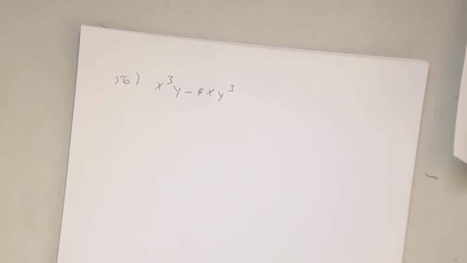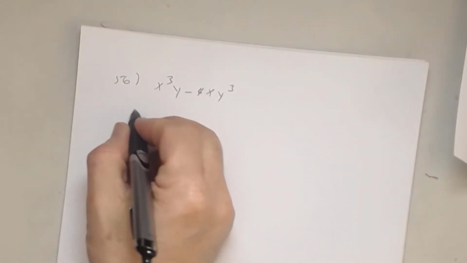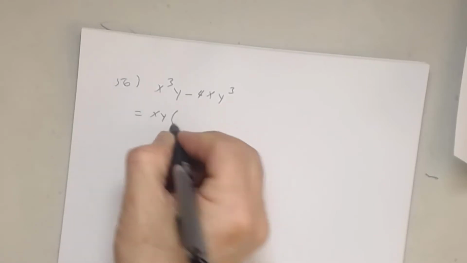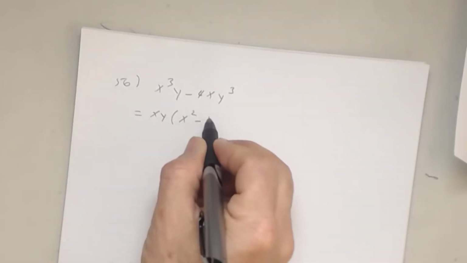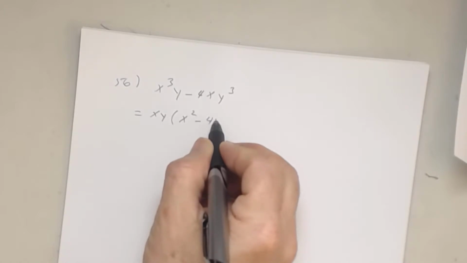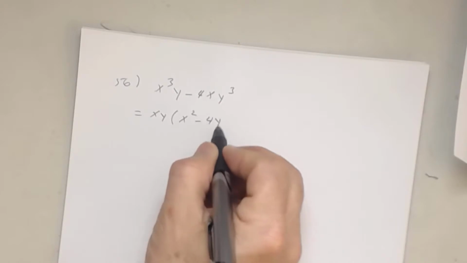What's the GCF? Okay, xy. So that's going to be xy times what's inside the parentheses? x squared minus 4y squared, right?